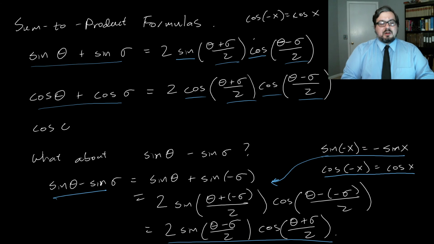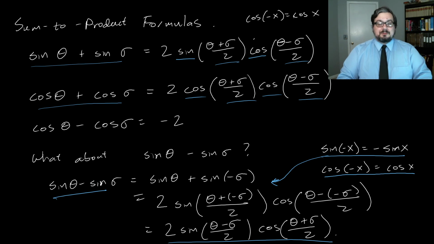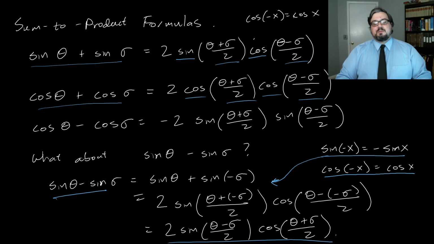We have that cosine of theta minus cosine of sigma is equal to, now this one is a little bit different. It's negative 2 times sine of theta plus sigma over 2 times sine of theta minus sigma over 2. This one's a little bit different, doesn't follow quite the same pattern. However, there are some things that you can look at.